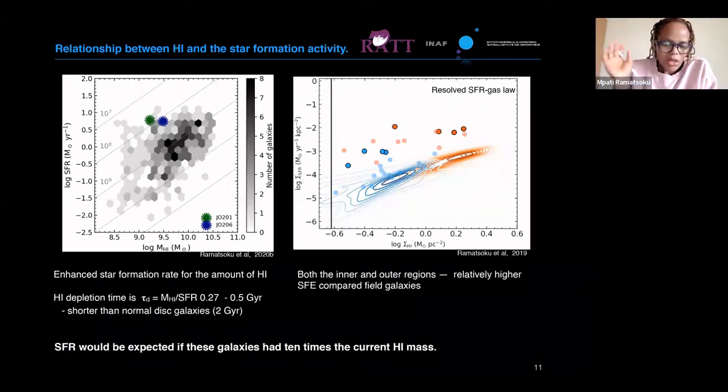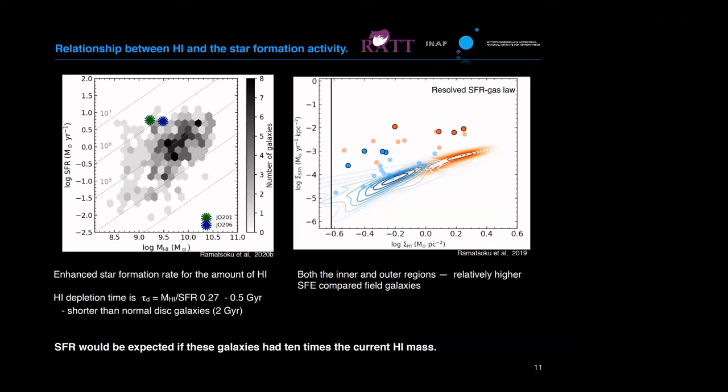And what we found was that these long-tailed galaxies, or the jellyfish galaxies, tend to lie above the average population of galaxies. So at first glance, they appear to have an enhanced star formation activity if you compare this to the amount of H1. Yes, correct.